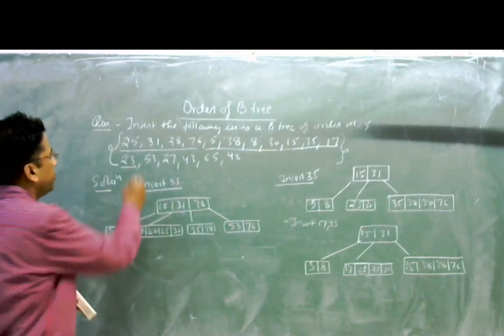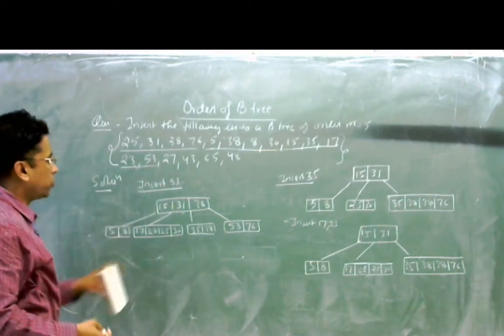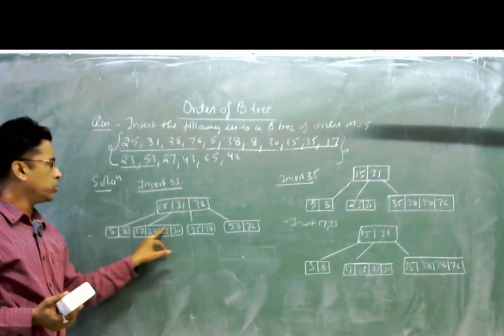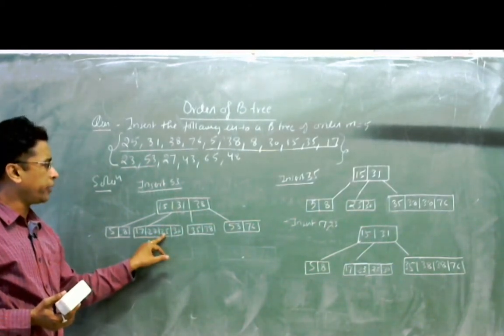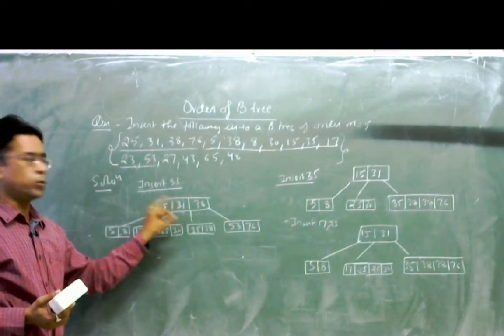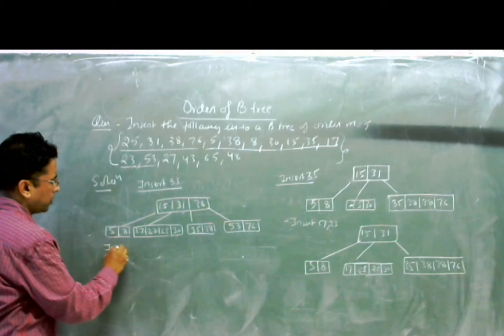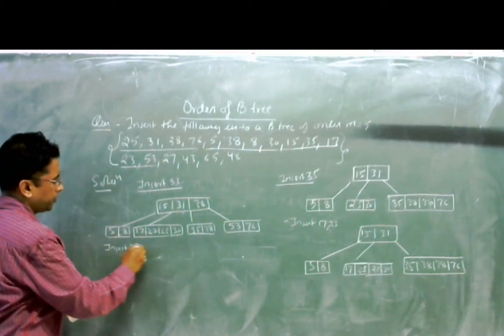Now the next element is 27. 27 will try to take this position, but it is already full, so splitting will take place, and 25 will move to the root level. So insert 27.